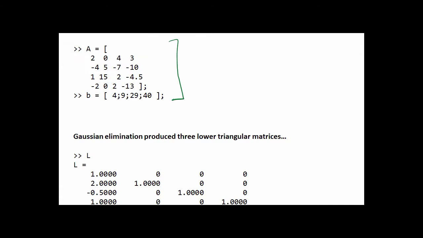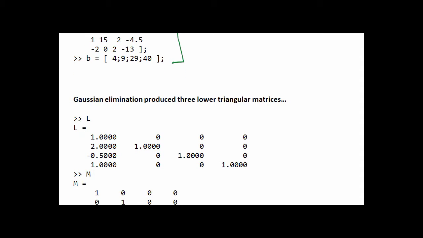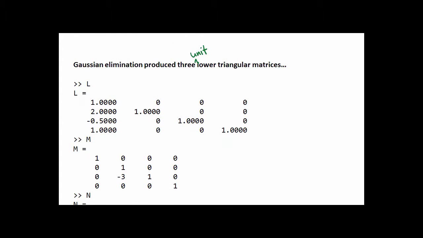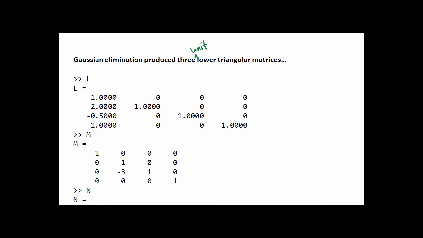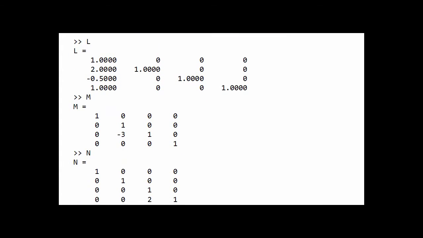So when we did the row operations that represented Gaussian elimination, remember we produced these three unit lower triangular matrices. The first one, L, is what we used to put zeros into the first column of A. And then we multiply by M to put zeros into the second column.